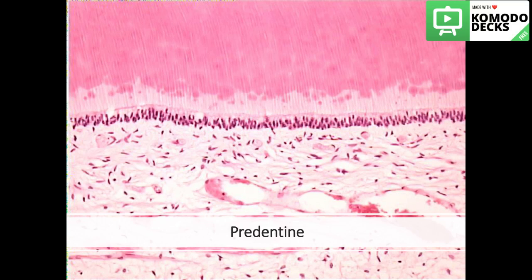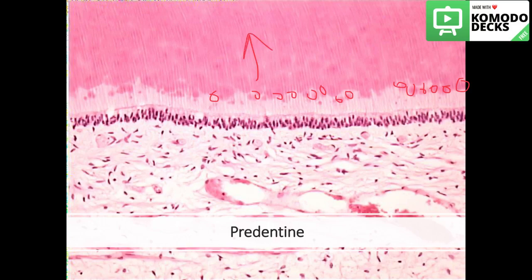It's less mineralized than the circumpulpal dentine. As you can see, these are the calcification centers that start the calcification. As we progress toward the enamel in the dentine tissue, they fuse and make the uniform calcified tissue.